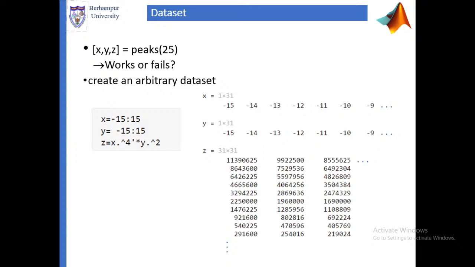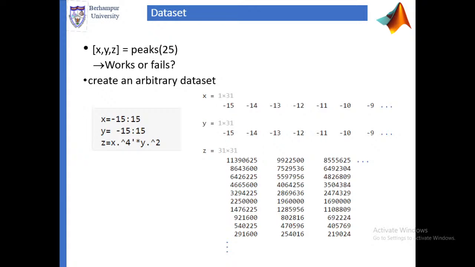X is equal to minus 15 to plus 15, which means it is a 1 cross 31 matrix, or a row vector. Y is equal to minus 15 to plus 15, again a 1 cross 31 row vector. Now the problem is you cannot multiply a row vector with another row vector.